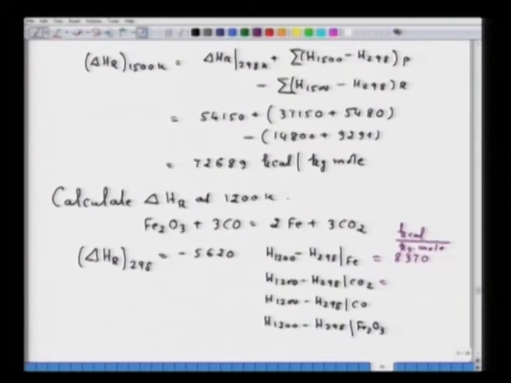For CO2, 10,650, this is 6,798, this is 30,870. Now, once these values are given, then it is simply addition and subtraction.